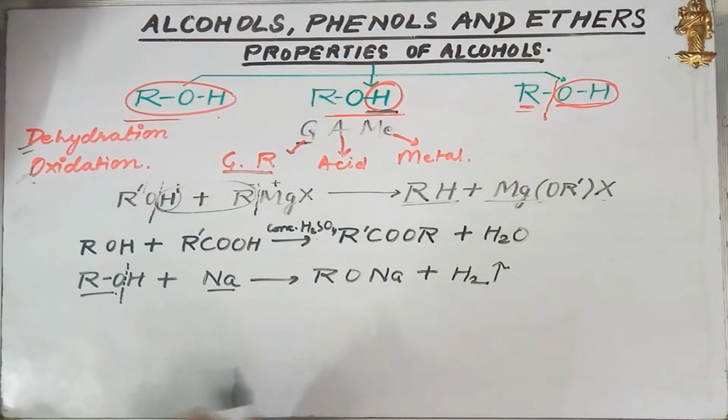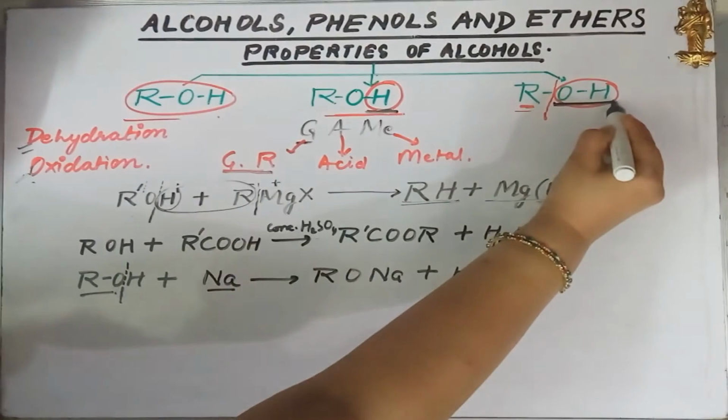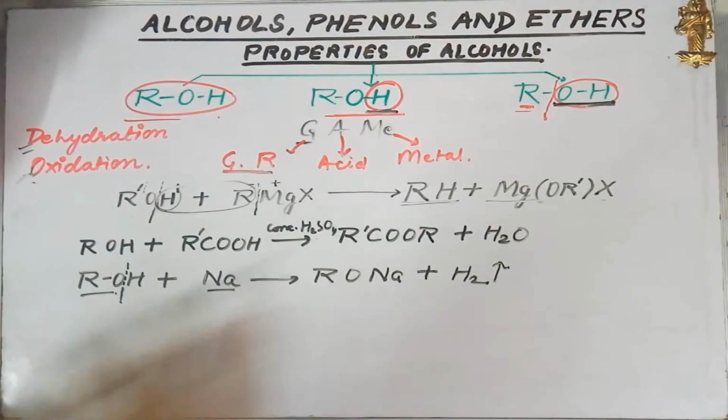Let us talk about the another kind of breaking, that is where the OH completely will come out from the reaction and the another group will replace the OH.